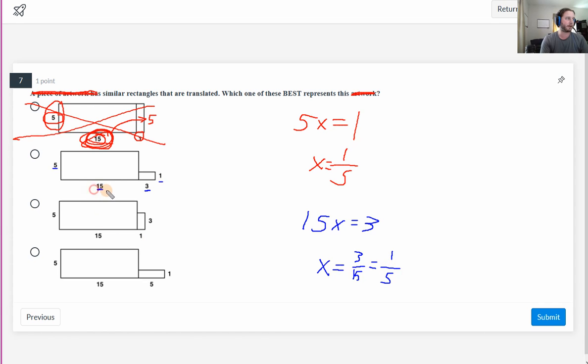So I know 15 times 1/5 equals 3. But what about 5 times 1/5? Does that equal 1? Yeah, it does. That does work. That means that that was my answer choice all along. So do watch out for that. And the other ones I'm not even going to go over because we found our answer. There's no use wasting our time with this.